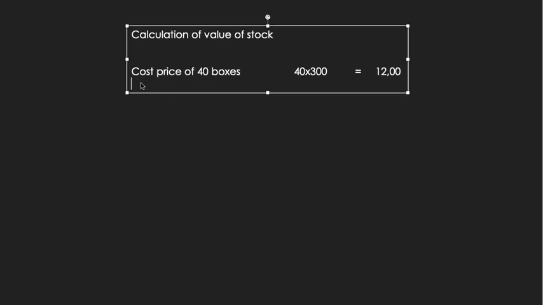Now to this value what we are going to add? We are going to add proportionate expenses of the consignor. How much is that? Proportionate expense of the consignor is 2,500 into 40, the total goods which are unsold, divided by 500.